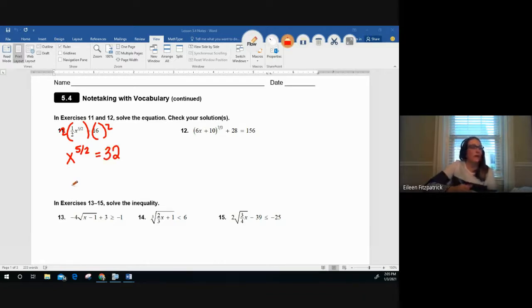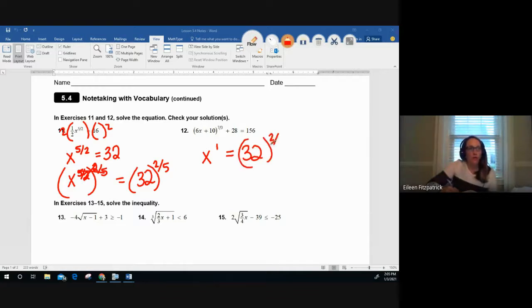Now, in order to get x by itself, we want x to have an exponent of 1. Right now, it has an exponent of 5 over 2. But if I raise both sides to the reciprocal power, 2 over 5, I get 32 to the 2 over 5. 5 over 2 times 2 over 5 simplifies down to just a 1. So I have x to the first, or just x, equal to 32 raised to the 2/5.